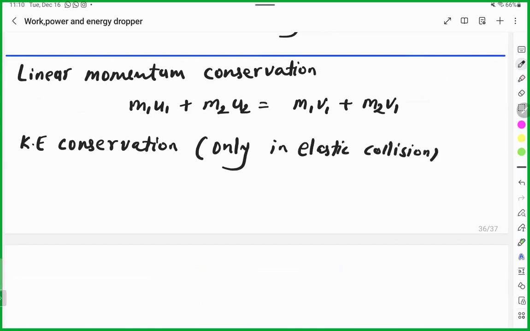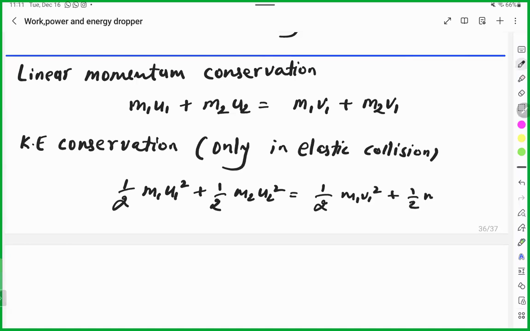Then it will be half m1 u1 square plus half m2 u2 square equal to half m1 v1 square plus half m2 v2 square. That's all. You don't need to apply anything else, and the majority of the time only this. Trust me, if you understand this, your chapter is done.